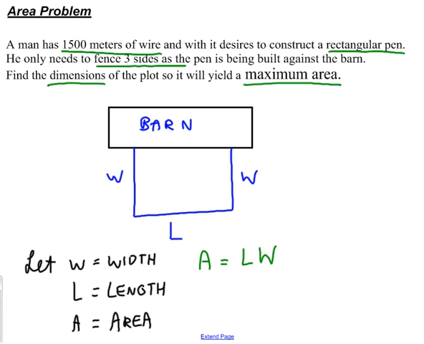We can generate another equation from the numbers that have been suggested to us. The question says 1,500 meters of wire. So where does the 1,500 meters go? Well, it goes around the width, the length, and the other width. So we could say perimeter equals 2 widths plus 1 length, because we only have to fence one of the lengths because it's being built up against a barn.